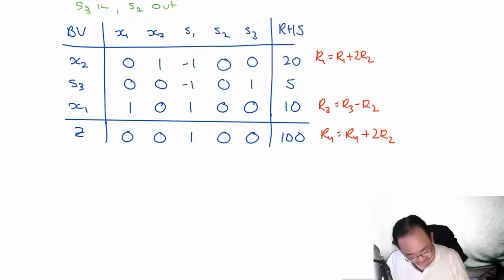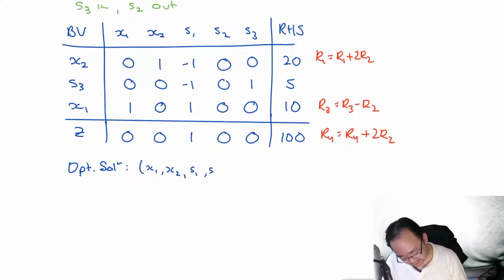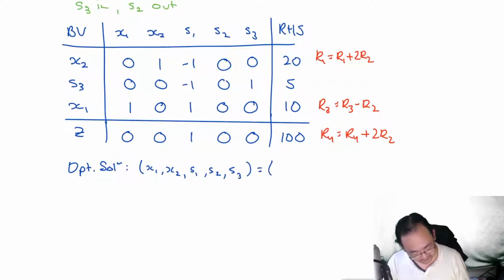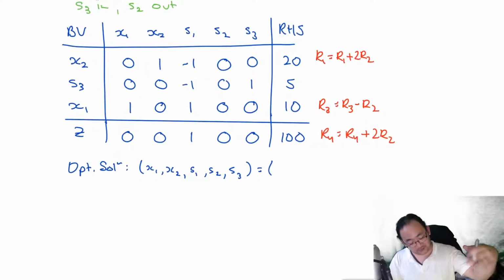Alright, so our optimal solution is x1, x2, s1, s2, s3 is equal to... Now, in this case, the basic variables are x1, x2, and s3, which means those are the ones that will have numbers.